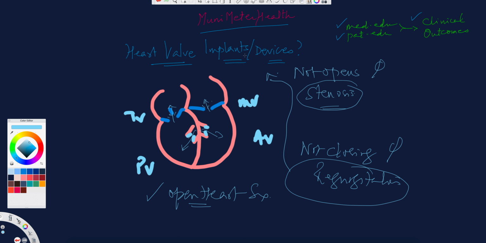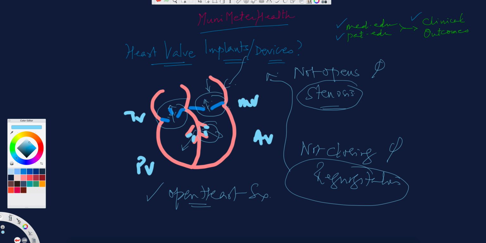The heart valve implant devices are placed right here. Say if this valve is malfunctioning, or the aortic valve is malfunctioning, or the mitral valve is malfunctioning, one tends to put this implant here, and the surgeon has the expertise to perform that level of surgical procedure. The procedure is called heart valve surgery.